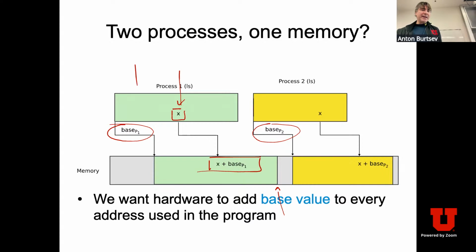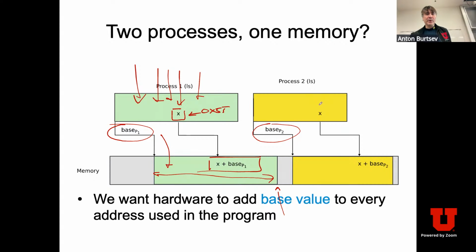No matter which address you issue, it will always be limited to this green physical region of memory. It's exactly what we were trying to do in software, but now hardware designers said, let's do it in hardware. So if this address X55 is in one program and the same X55 in another program, because the bases are different, they will land at two different physical addresses in memory, right?